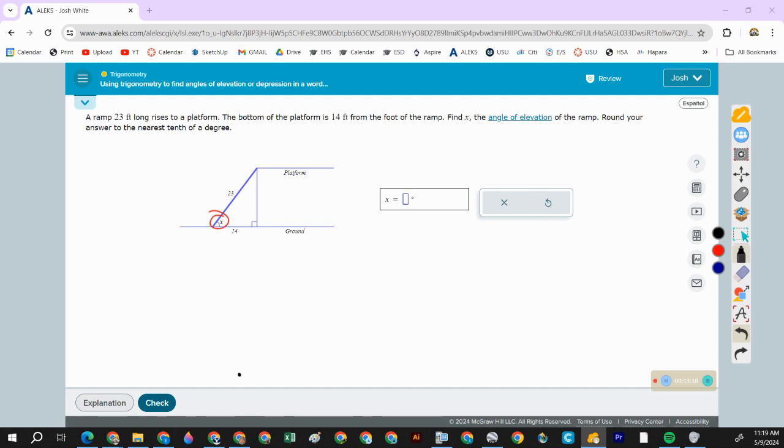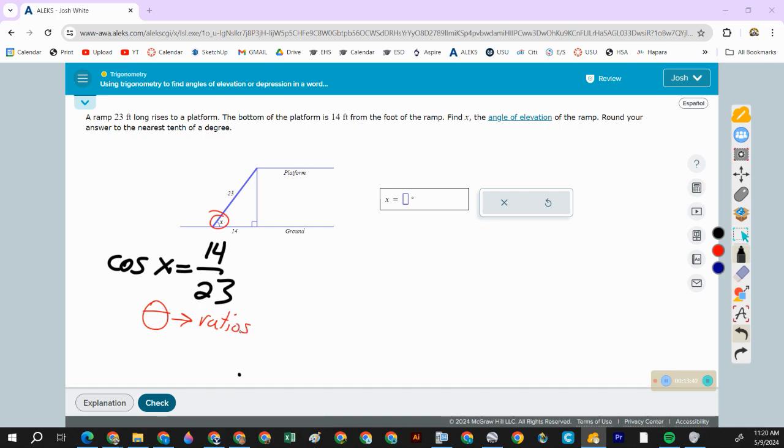Well, I know that the cosine of x is 14 over 23. So if I know the ratio is 14/23, how do I figure out the angle? Well, I sort of need to do the opposite of the cosine. So cosine takes angles and transforms them into ratios.